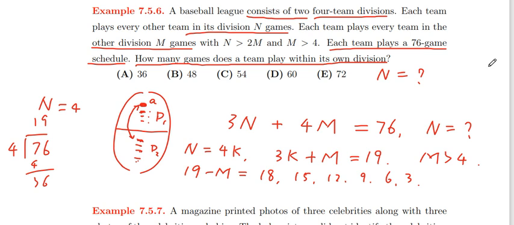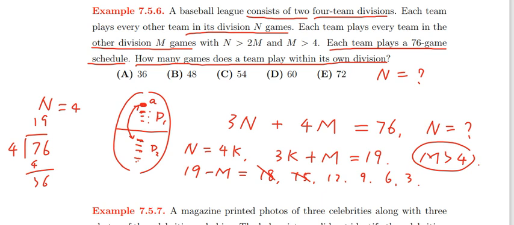If this equals 18, m equals 1, but m is at least 4, so cancel this. If 19 minus m equals 15, m equals 4, cancel.